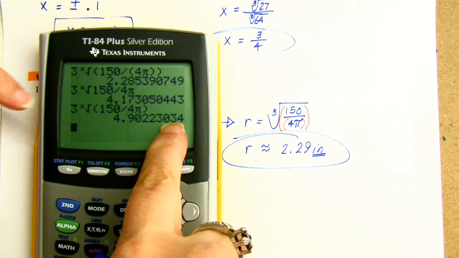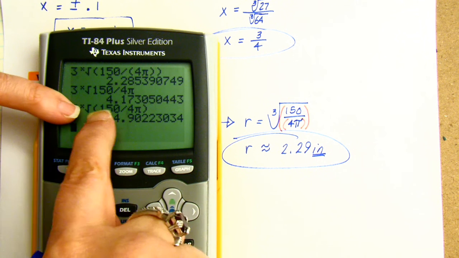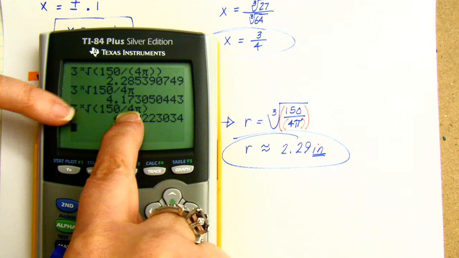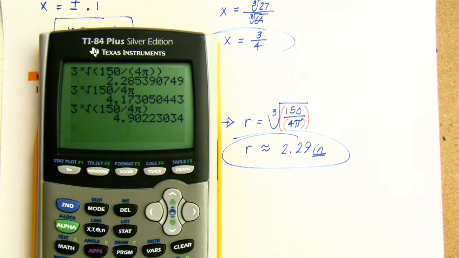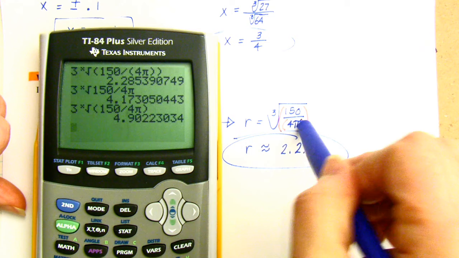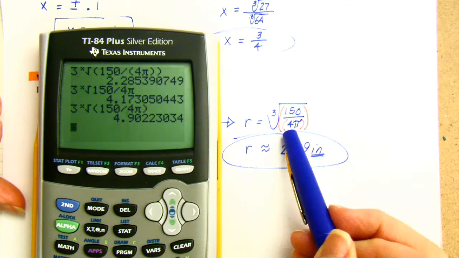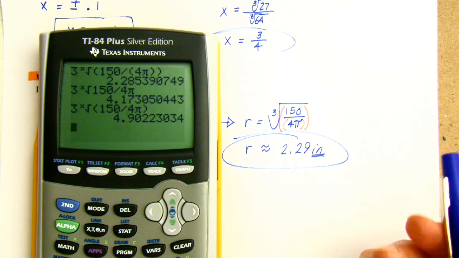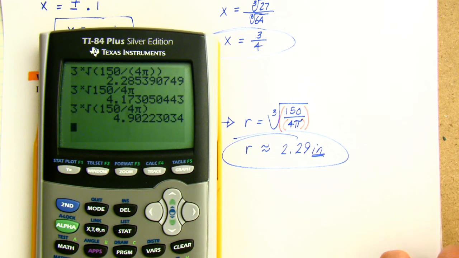Here this is saying take the cube root of 150 divided by 4 and then multiply it with pi. That's why you're getting 3 different answers here, because of the grouping symbols on the calculator. So do this, please. Group the fraction and group the product in the denominator. Otherwise, again, you're going to get the wrong answer.